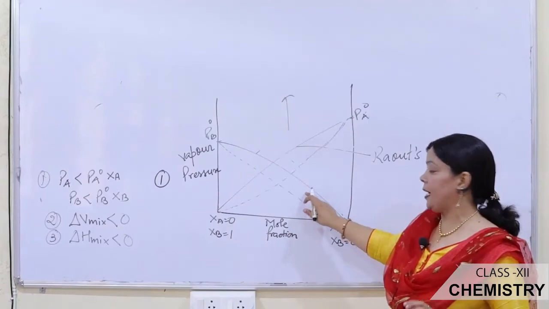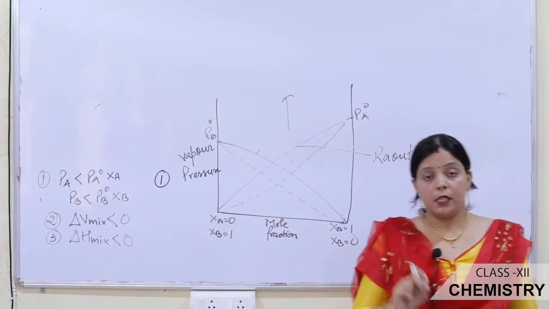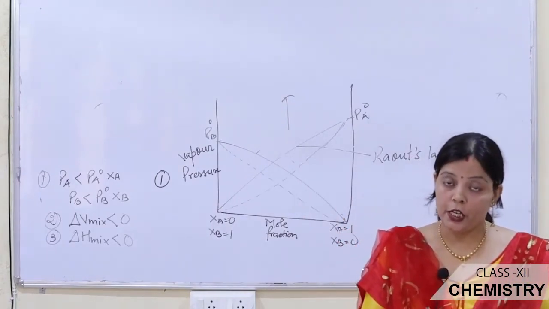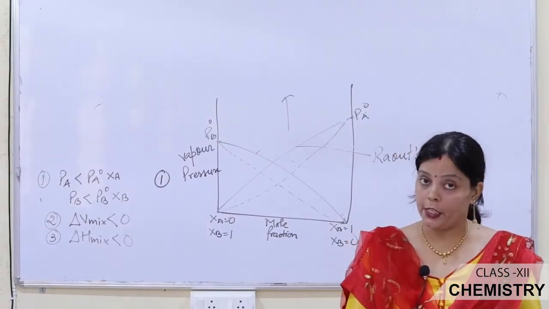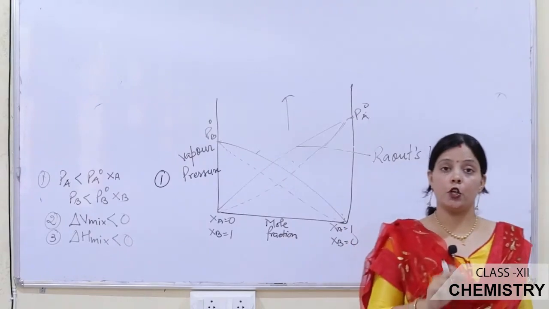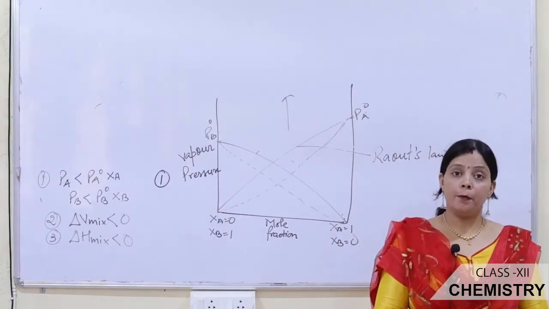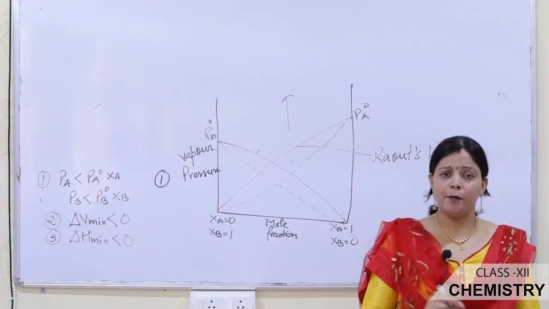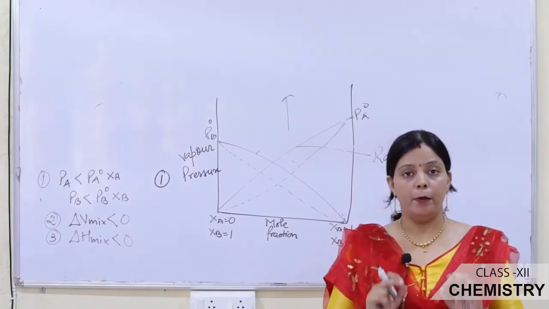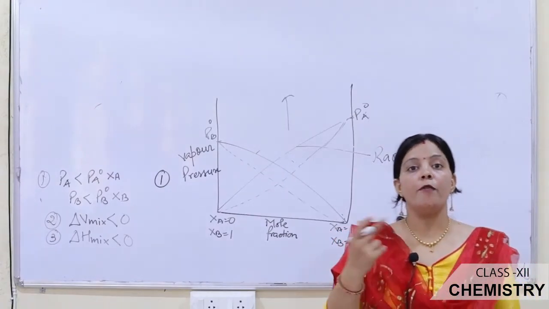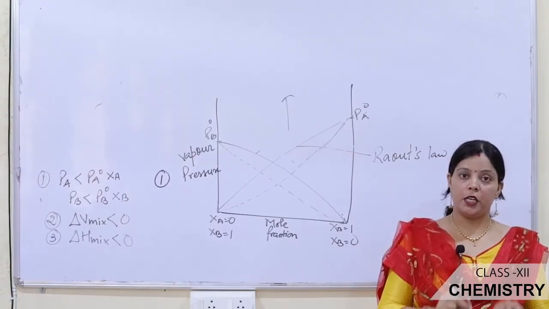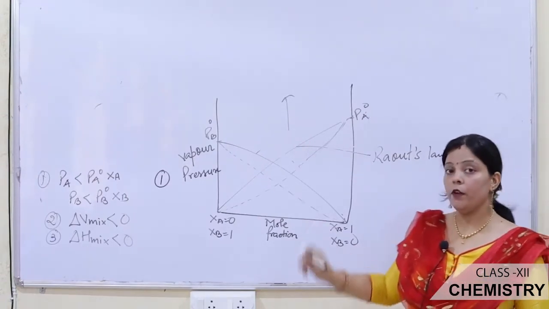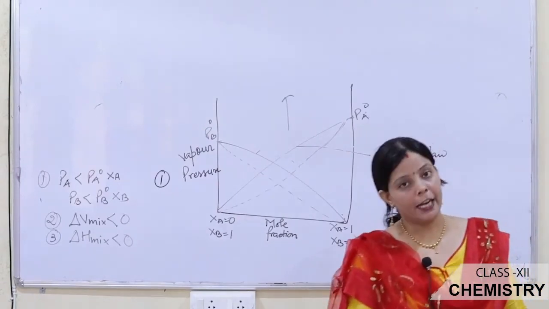The reason is that the solute-solvent interaction is stronger than the solute-solute and solvent-solvent interactions. When the interaction between solute and solvent is stronger, fewer molecules are available to escape into the vapor, and consequently there is a decrease in vapor pressure in the non-ideal solution showing negative deviation.